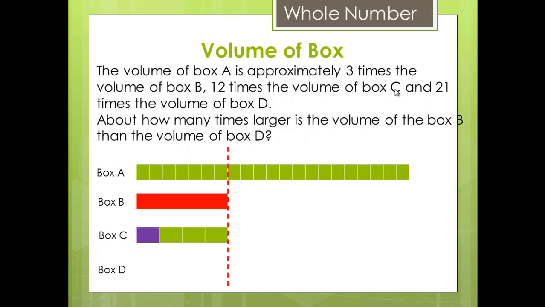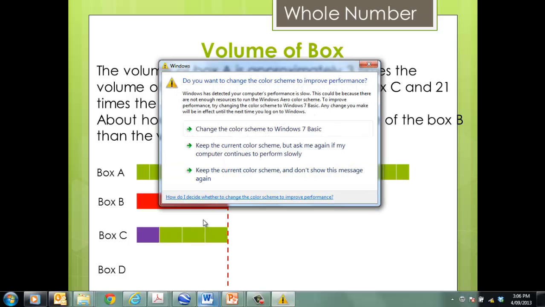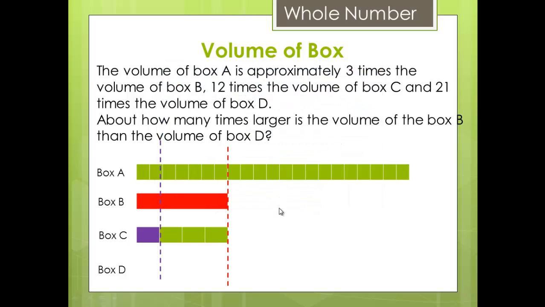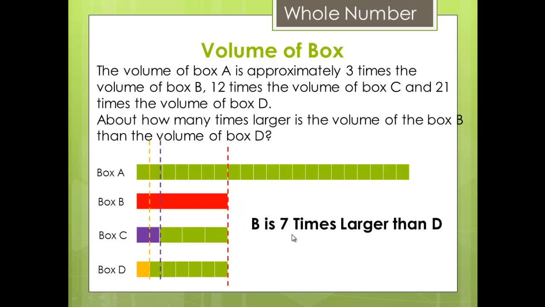We know that box C is 1/12 of the volume of box A. So box C would be one of these little divisions here. So obviously 1/3 and then 1/4 of that is 1/12, and then box D is in fact 1/21 of the volume of box A. So then again we divide that into 7, so that's going to be our box D. Now comparing our B and our D, we can see that obviously box B is going to be 7 times bigger than box D. So that's what we would then write.